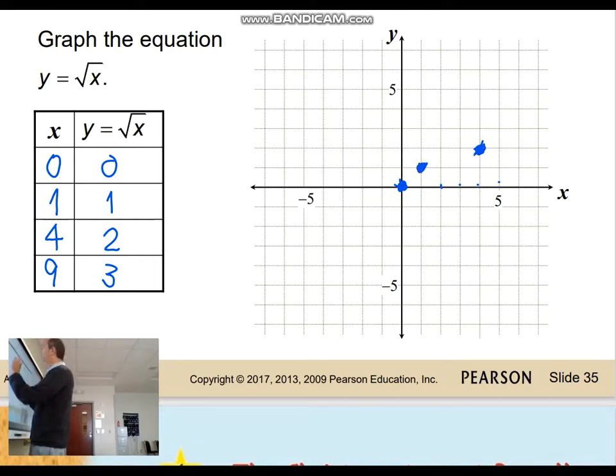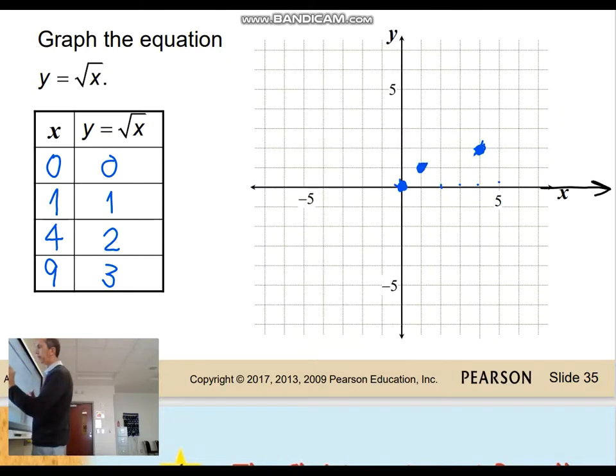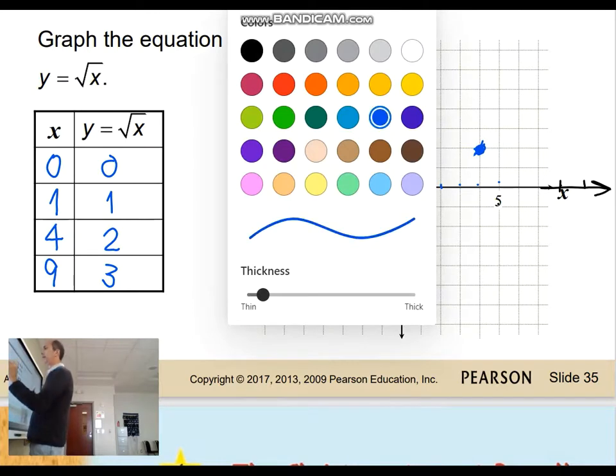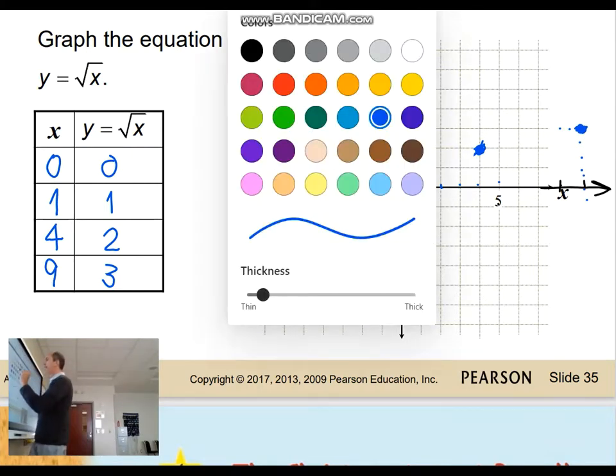We have to stretch the axis: 5, 6, 7, 8, 9, and 9 and 3. We have a few points. We can draw the graph now.